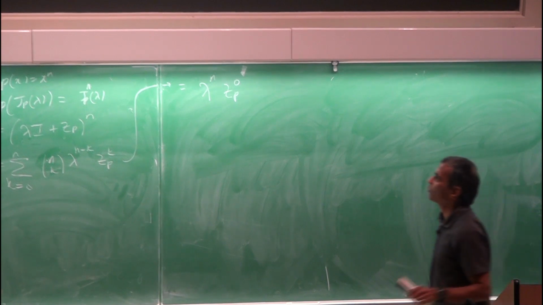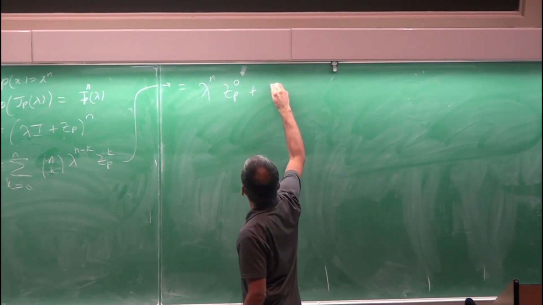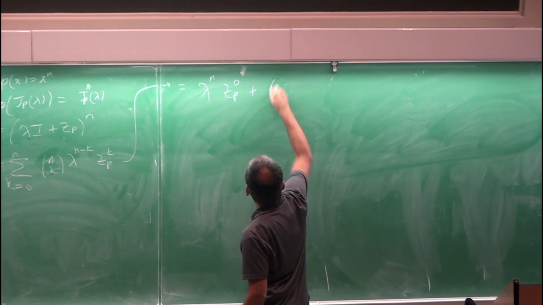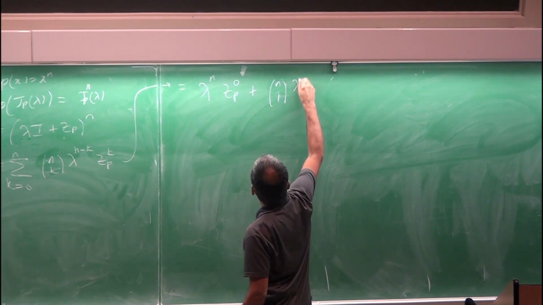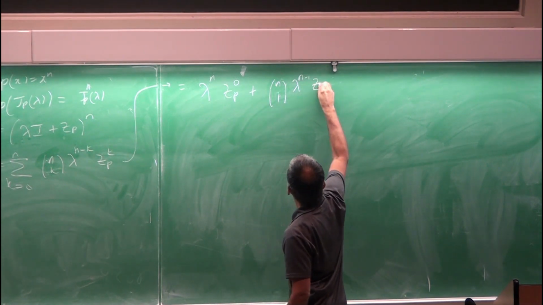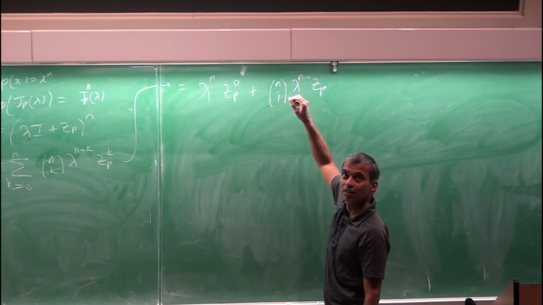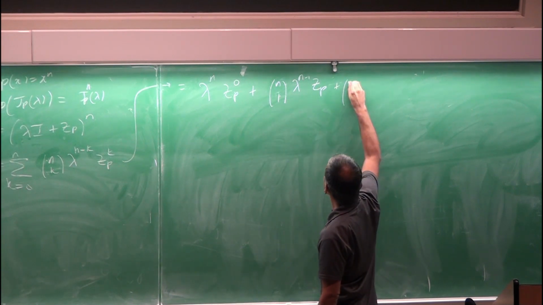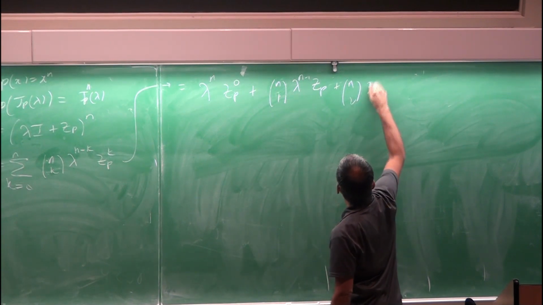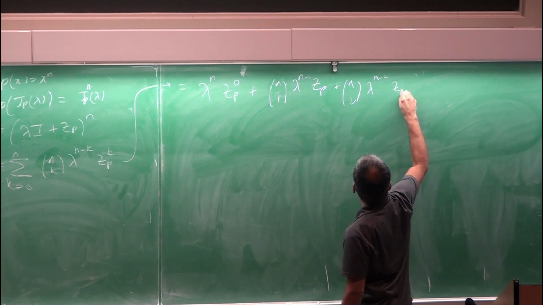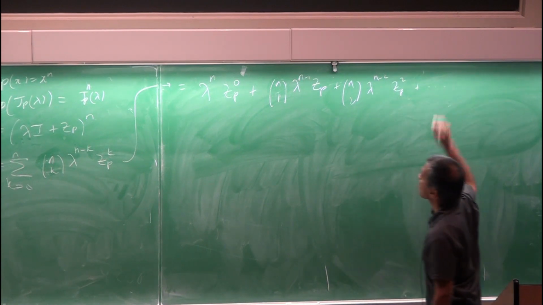So there's one way to make no choice. Then the next term, k equal to 1, will be n choose 1, lambda to the power n minus 1, Zp. And then I'll get n choose 2, lambda to the power n minus 2, Zp squared, like that.